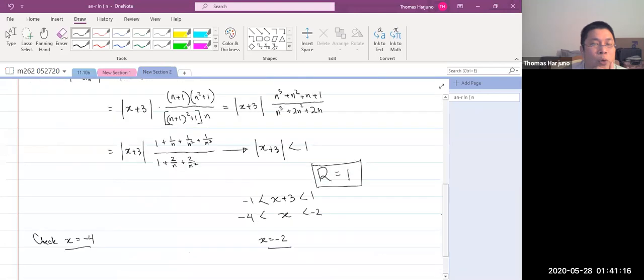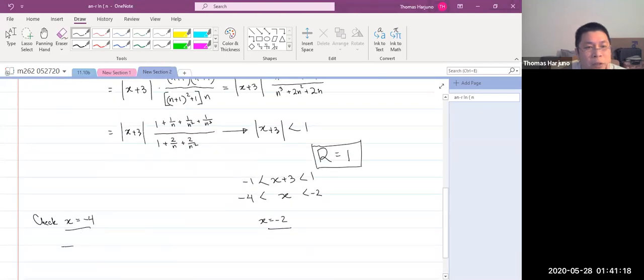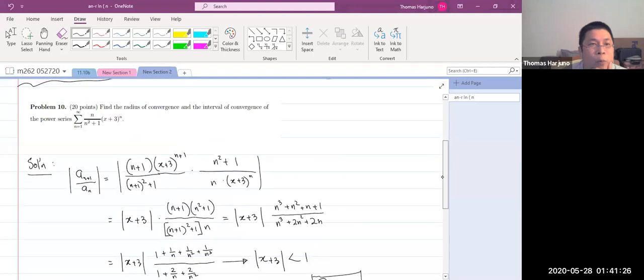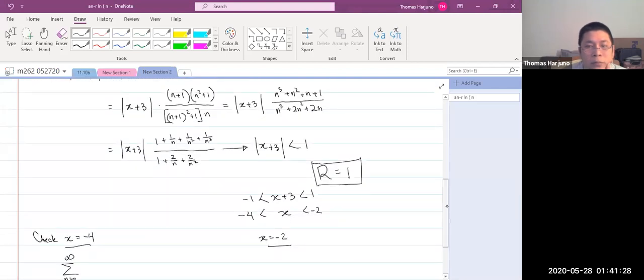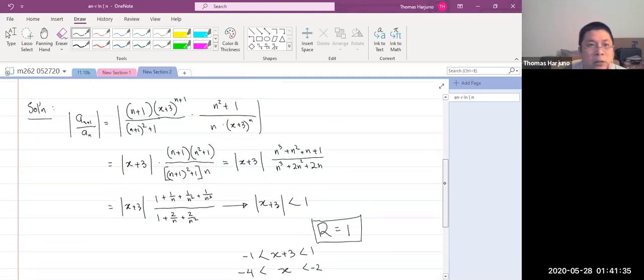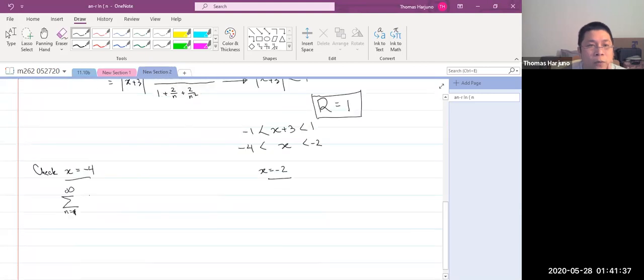For -4, I get the series from n equals 1 to infinity of n over n squared plus 1, but this becomes (-1) to the n, right?